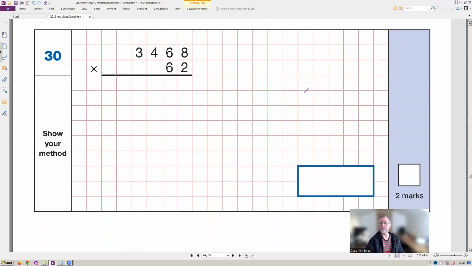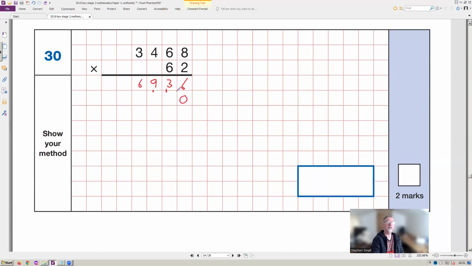Multiplication one. 2 8s are 16. 2 6s are 12 and 1 is 13. I can't remember to always put these there. 2 4s are 8 and 1 is 9. 2 3s are 6. Right.